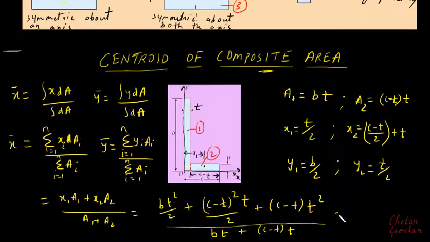If I further simplify this, I will get this distance x bar, the centroidal distance of this shape with respect to the axis.